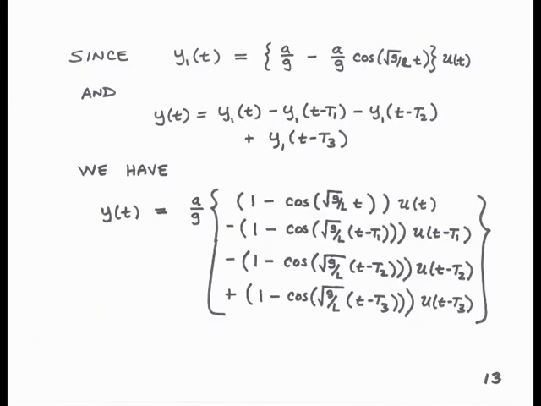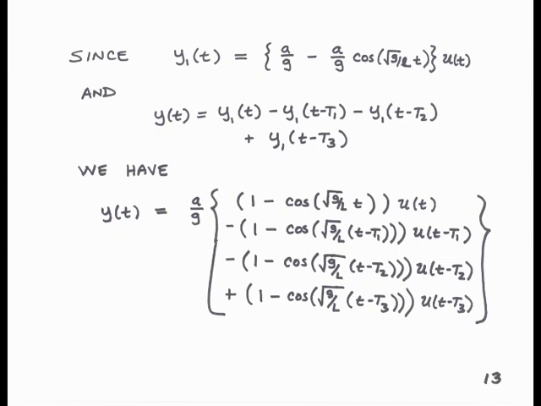We found an expression for y1 of t before, and we also know that y of t is y1 of t minus y1 of t minus t1, minus y1 of t minus t2, plus y1 of t minus t3. So I can now solve for y of t.